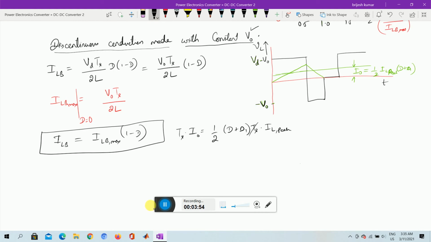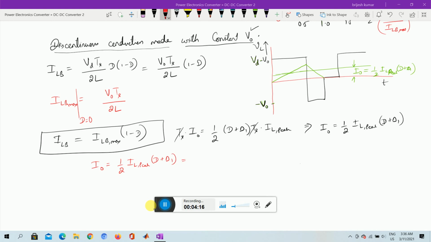So here TS cancels out, and this implies I0 is equal to half IL peak into (D plus del 1).